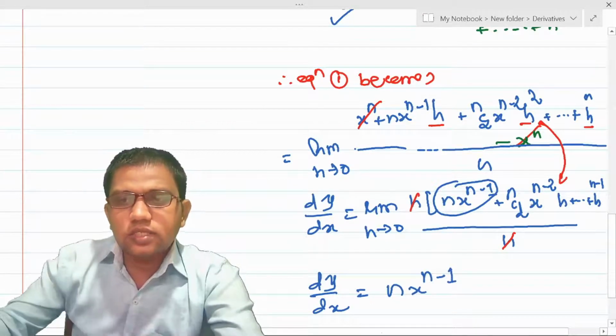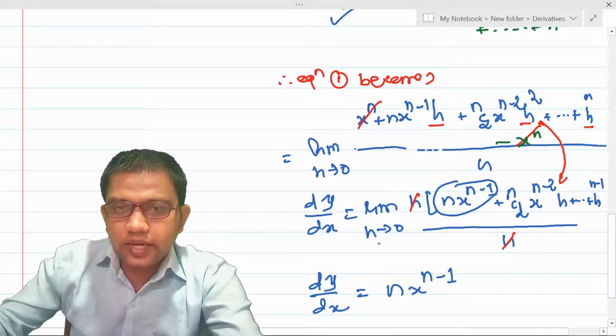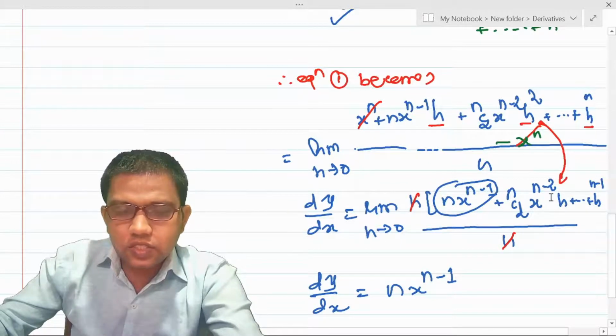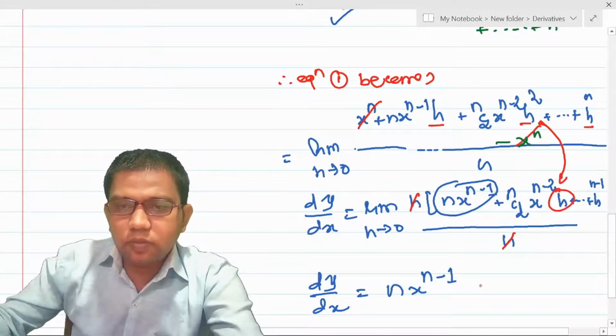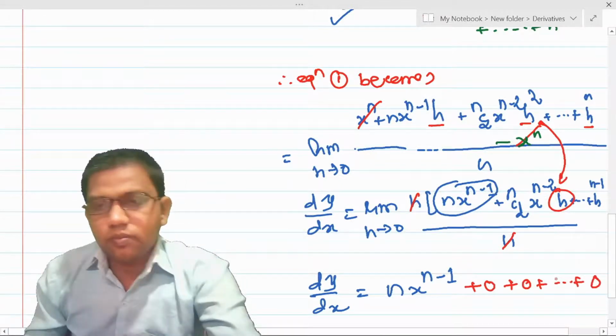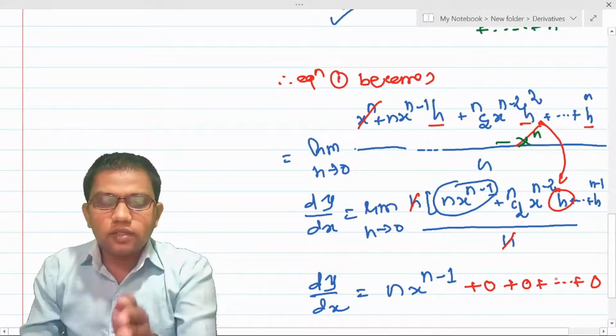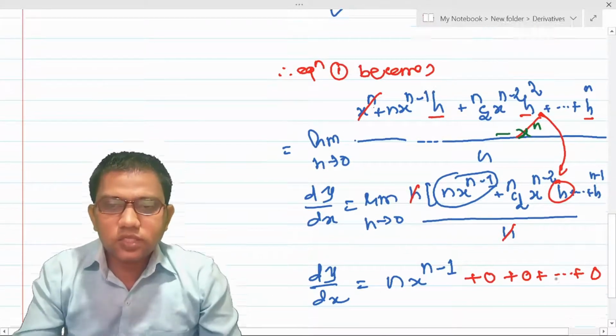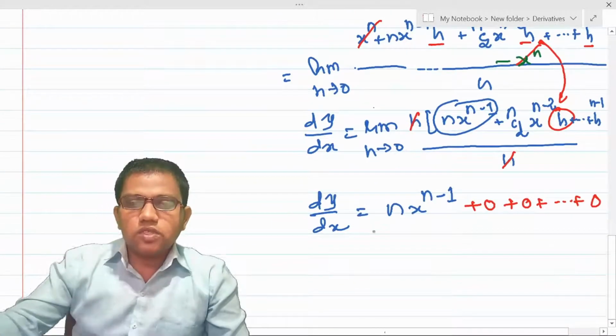Now what happened with the second term? If we take h as 0 here, this term becomes 0 plus 0 plus 0, and every term becomes 0 because h is there. So what is the only remaining? n x raised to n minus 1.